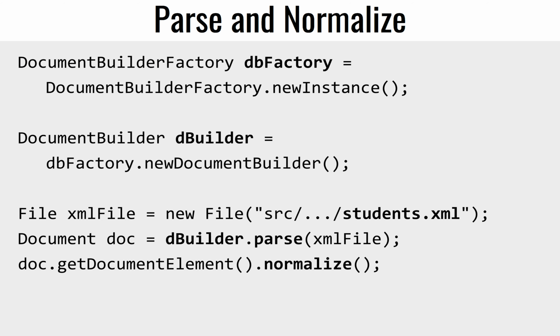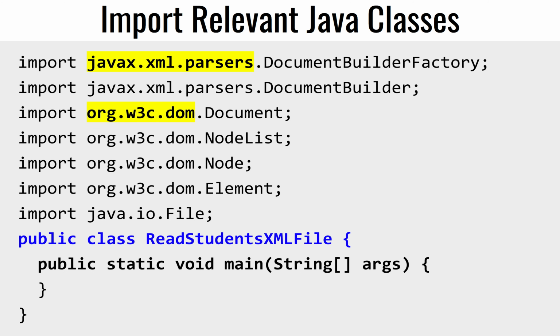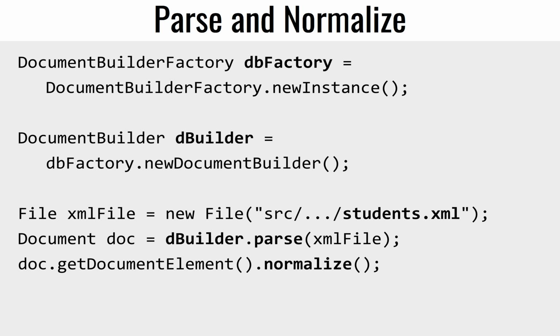So real quick, you can start off with a document builder factory. And from the factory, you can ask for a new instance. It's using the singleton design pattern, where it instantiates this instance, and then you can use this single instance to then parse through XML files.